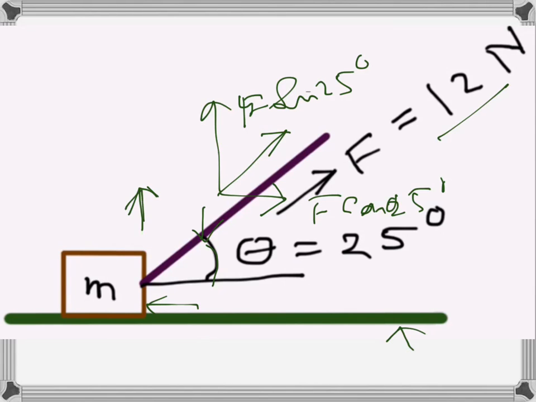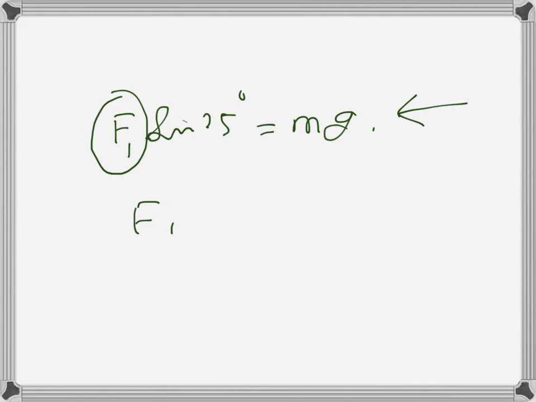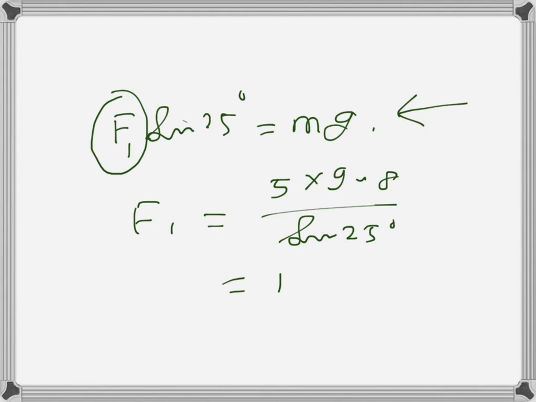The vertical component does the lifting work, because it acts against the weight of the object. So F1 is mg over sin 25 degrees. M is 5, g is 9.8, and we get approximately 116 Newton.